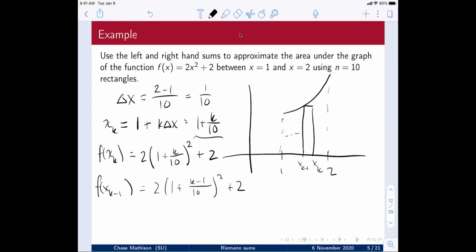Okay, so then this general rectangle, let's start with the left-hand sum, because the way I drew it, it looks like I'm doing the left-hand sum, right? So what is the height of that rectangle where the left edge here goes up to the curve? Well, that's f at which x value?